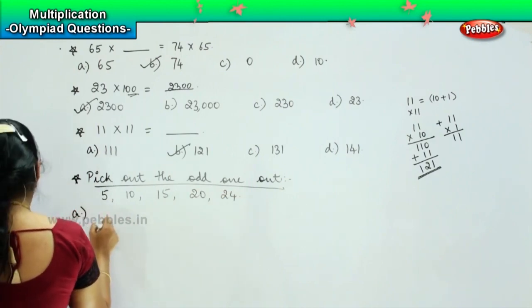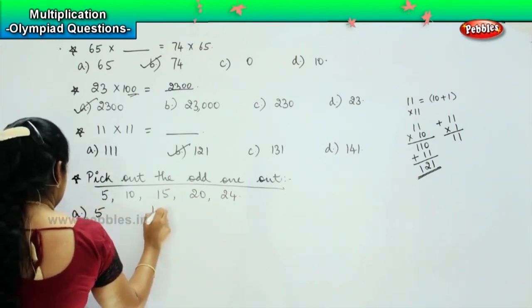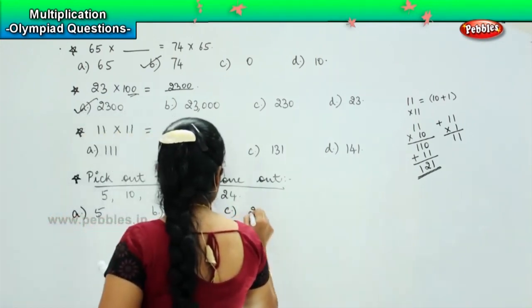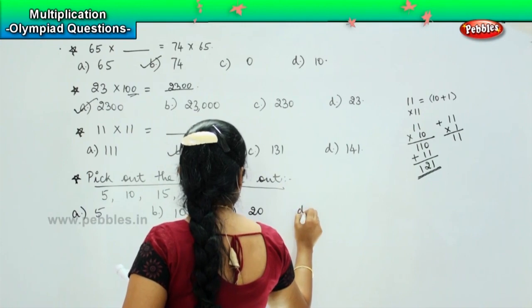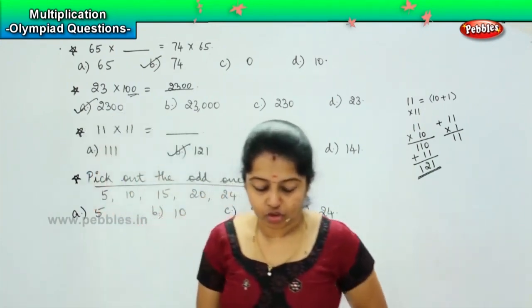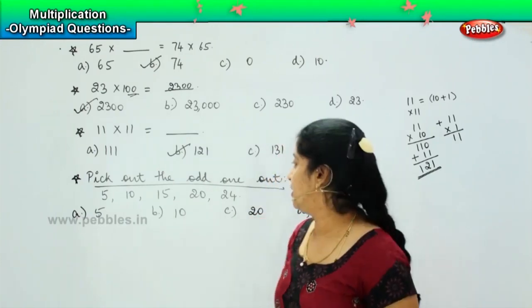Your options are option A 5, option B 10, option C 20, and option D 24. So which do you think is the right answer, children?